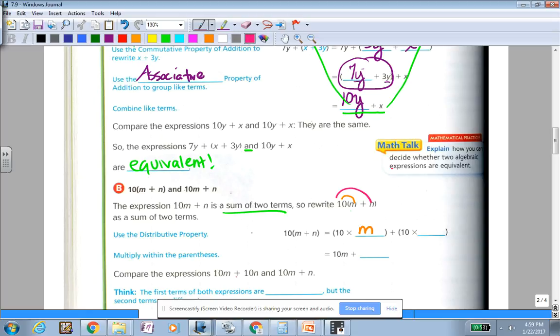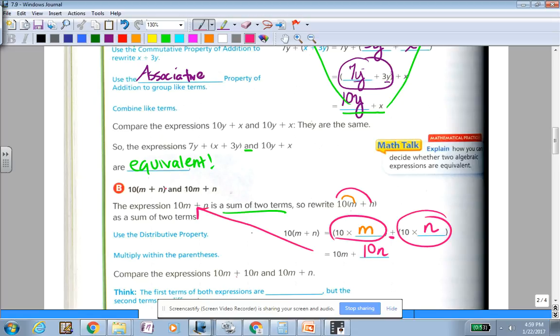You get a 10n, that becomes 10 times n. And so I'm looking at it as being 10m plus 10n. And that's our first expression.